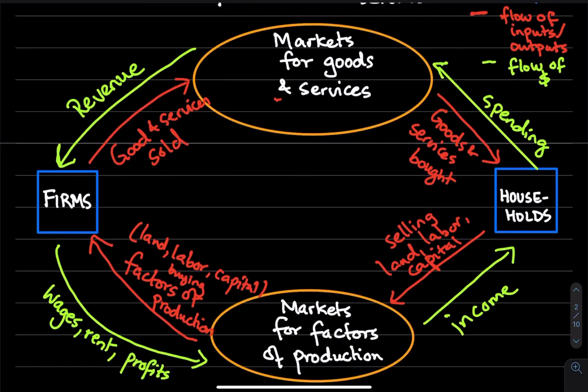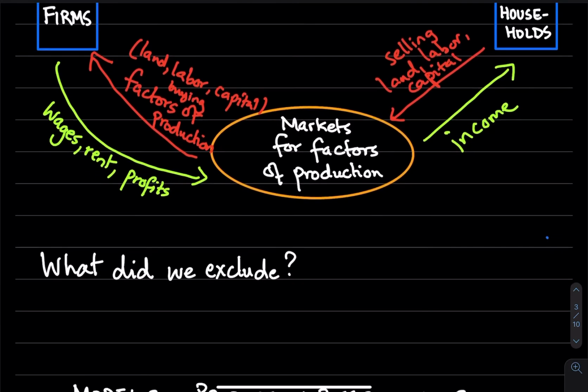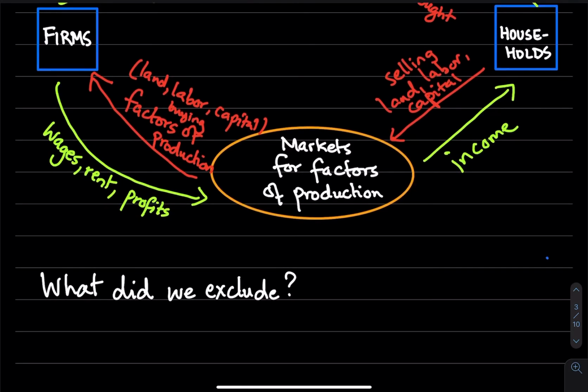Okay. Now you can actually say, well, we can criticize this diagram because this is really a very simplified version of reality. We in practice have a lot more going on. So one question to ask would be, well, what are we skipping? What are we excluding from this diagram?